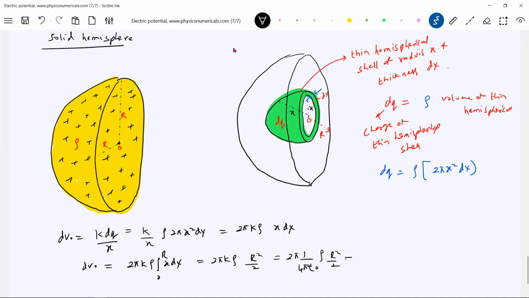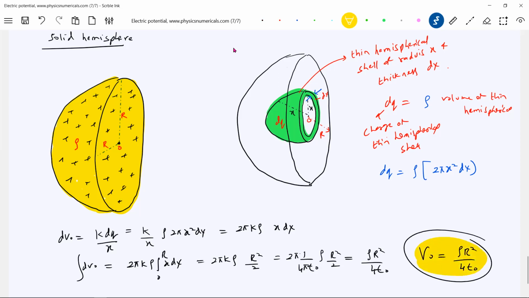So V equals rho R square by 4 epsilon naught... Okay, look at this. This is the potential at the center of the solid hemisphere. Now, what should we call dV naught? The potential at the center due to a thin shell.